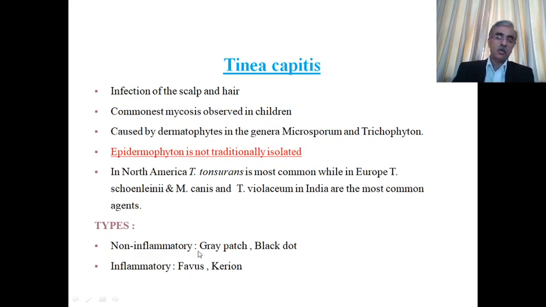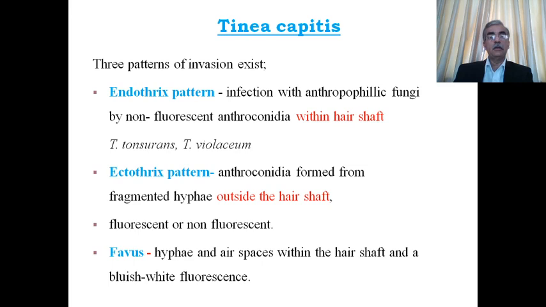One thing which is very important to remember here is that whenever we have inflammatory tinea capitis, there is usually scarring alopecia. That means permanent hair loss will be there. So it has to be diagnosed early, correctly, and managed properly so that hair loss can be controlled. Otherwise, there will be permanent hair loss for life.